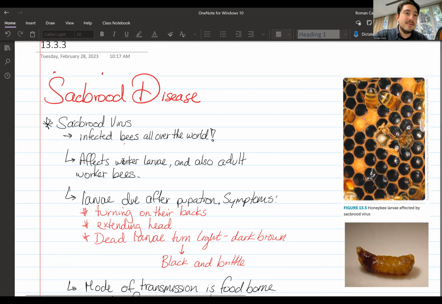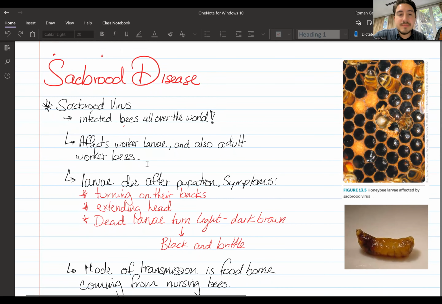It can affect various subspecies of bees essentially all over the world, right? And more specifically, it affects worker larvae at the larval stage, so baby worker bees, right? But also adult bees can be affected, but moreover, it's the larvae that get affected, okay?